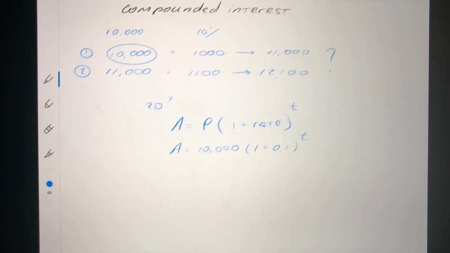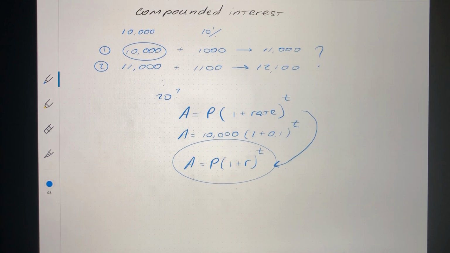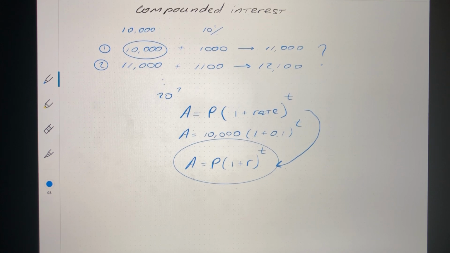Now, if I wanted to have a general formula, I can make it even better by replacing rate with one letter, R. So this is our formula for the compound interest if the interest is annual, just once a year. But many financial situations require the interest to be on different schedules. So it may be twice a year, semi-annually, or quarterly, 4 times a year, or monthly, 12 times a year, and so on.